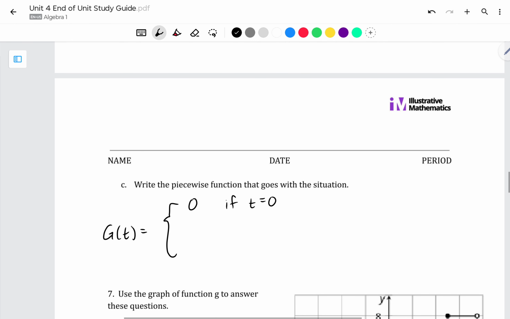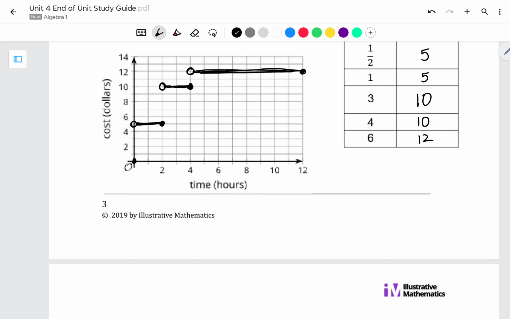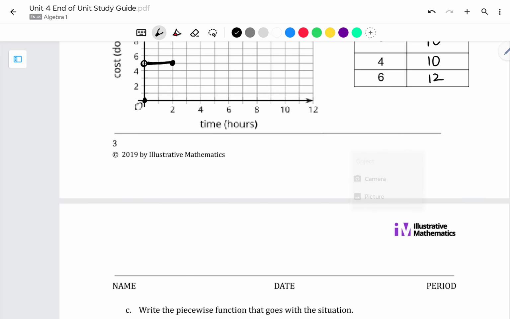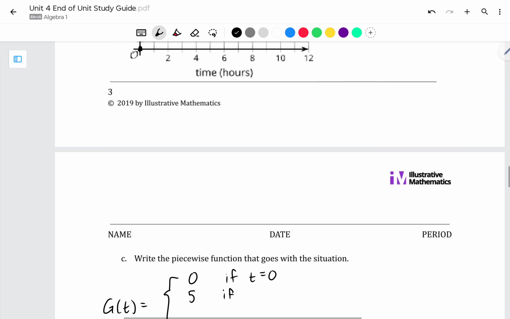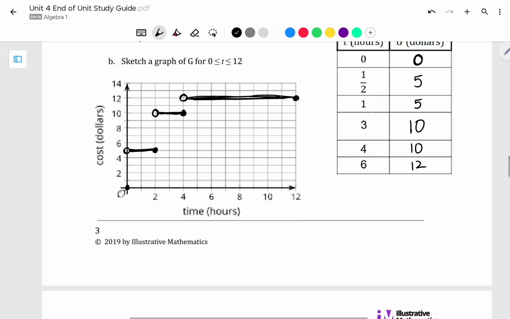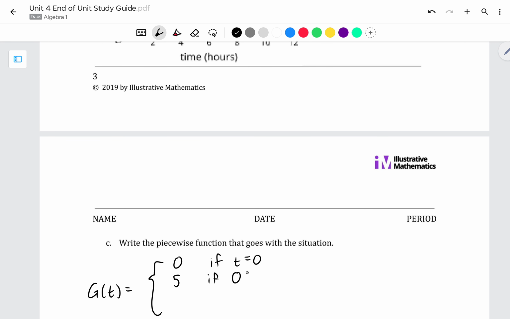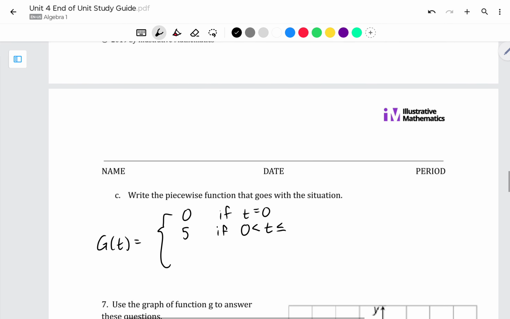After that, the output is $5. It equals 5 if 0 is less than T and T is less than or equal to 2, up to 2 hours.